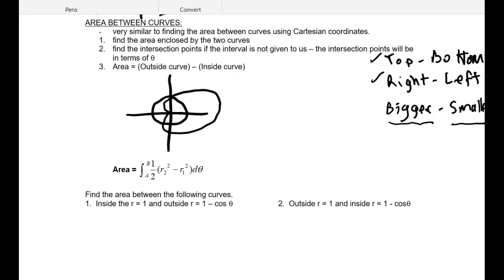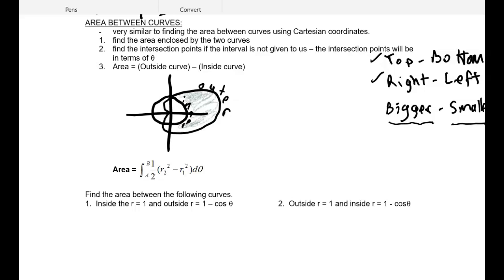If this is the area that I was looking for, then it's going to play out pretty similarly to what we have done before, where this is the outer curve, this is your inner curve. It's also the right side minus the left side. So right minus left would be pretty much the exact same thing that we would have done before.